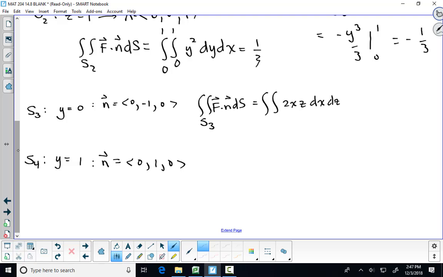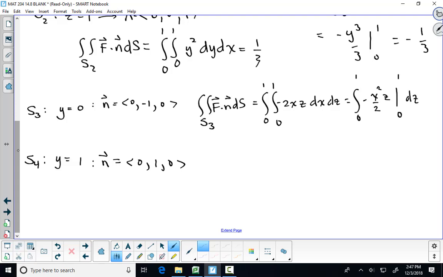Once again, our domain is a rectangle, so we can just put constant limits here, 0, 1, 0, 1. Is it negative? It should be negative, thank you. And then we integrate with respect to x, and we get negative x squared over 2z, 0 to 1 dz.